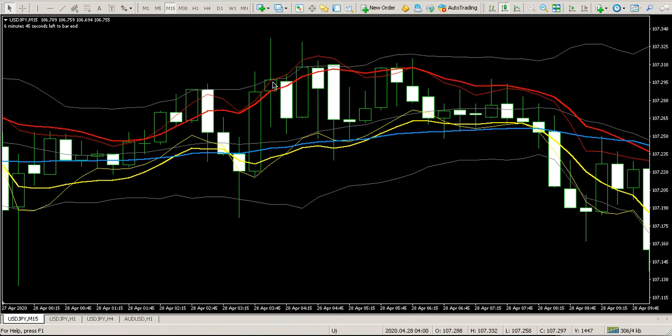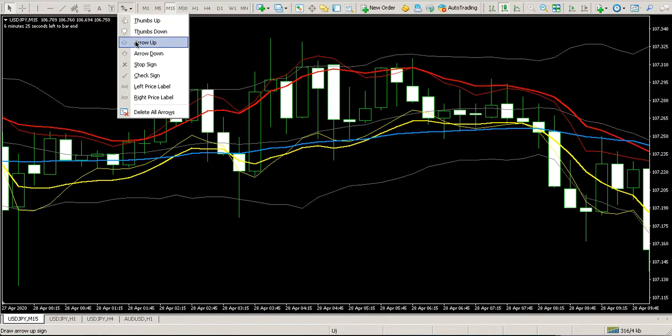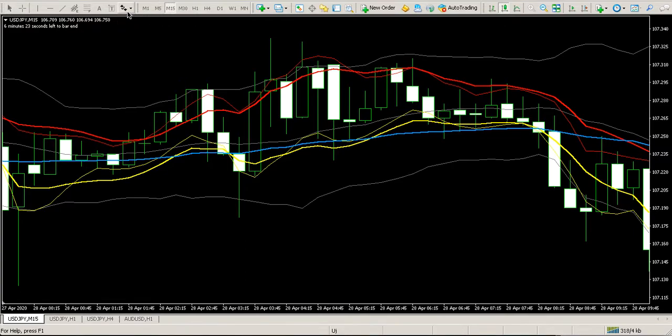So when the MA goes touch or goes out of the top Bollinger Band, it marks that an extreme is happening. Okay, like over here. I will mark this first with an arrow, sorry, arrow down.